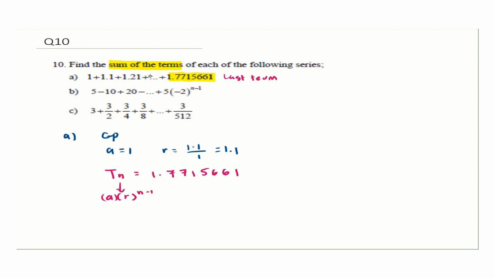So then we substitute. We have A here is 1 multiplied by 1.1 to the power of n minus 1 equals 1.771561.